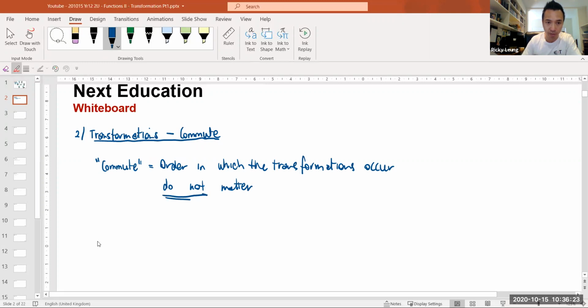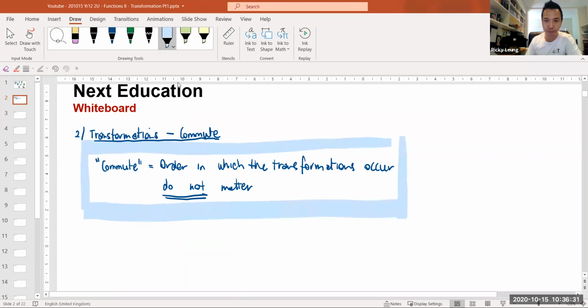I'll underline that because that's the key word there, right? So what this means is that I'll put a little box around this as a definition.